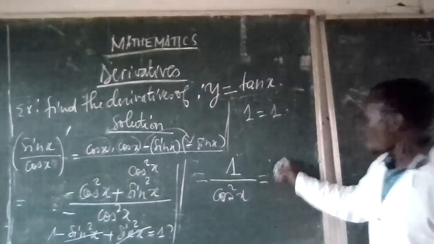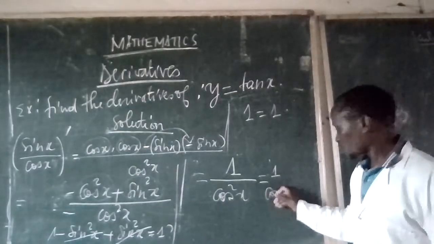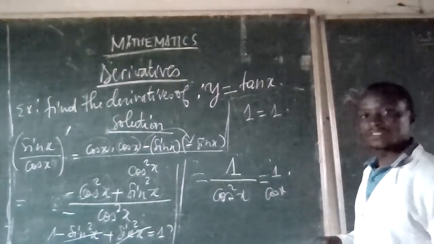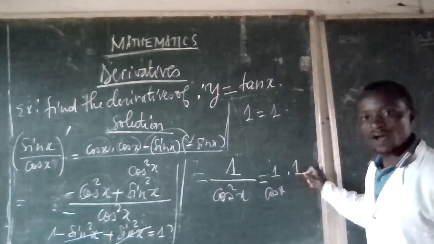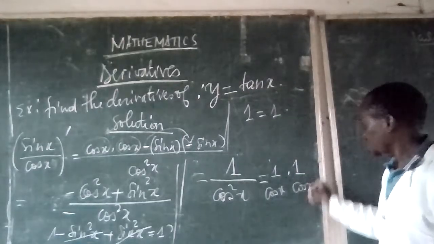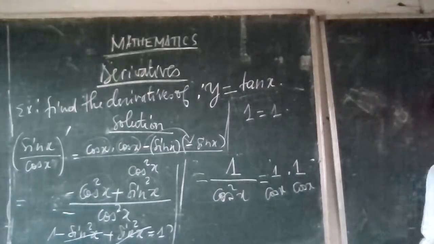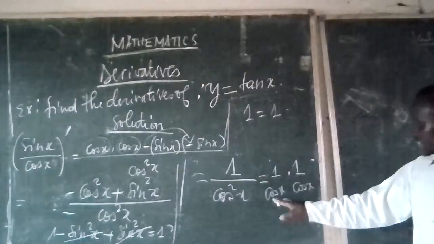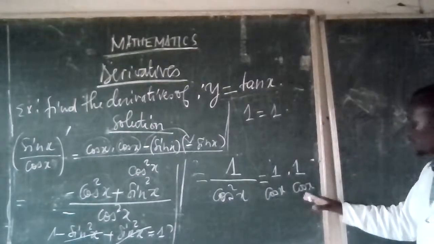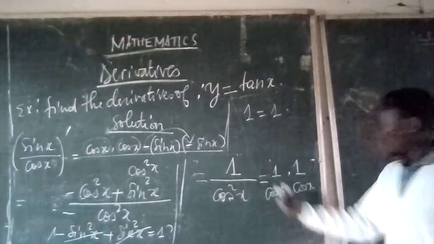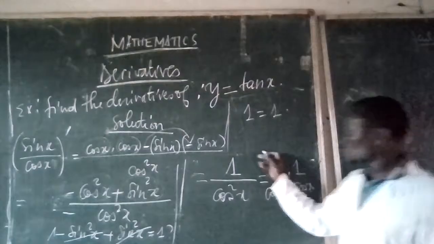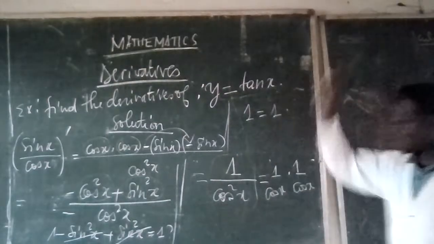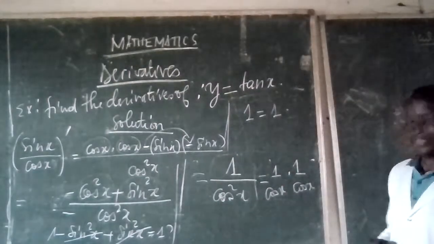It will be 1 over cosine x times 1 over cosine x. You see? We have 1 over cosine x times 1 over cosine x. It means when we make their multiplication, it should be equal to 1 over cosine square x.